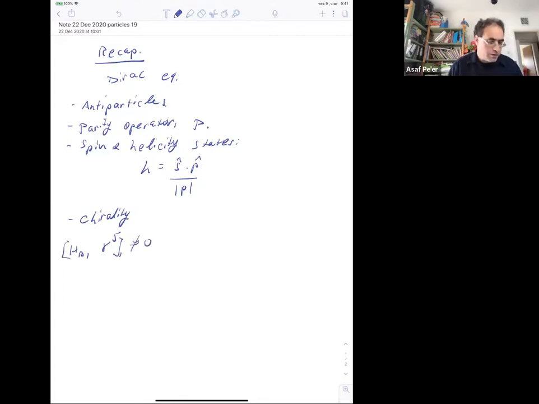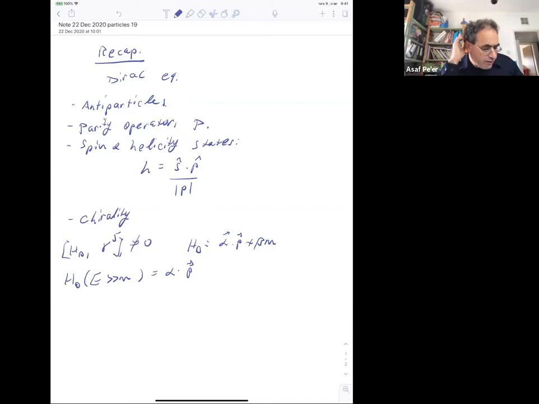But if you look at H_D, the Dirac Hamiltonian, right? It's alpha dot p plus beta m. Then you see that when E is much greater than m, so when the particle travels at velocities close to the speed of light, then H_D, in this case, is alpha dot p.